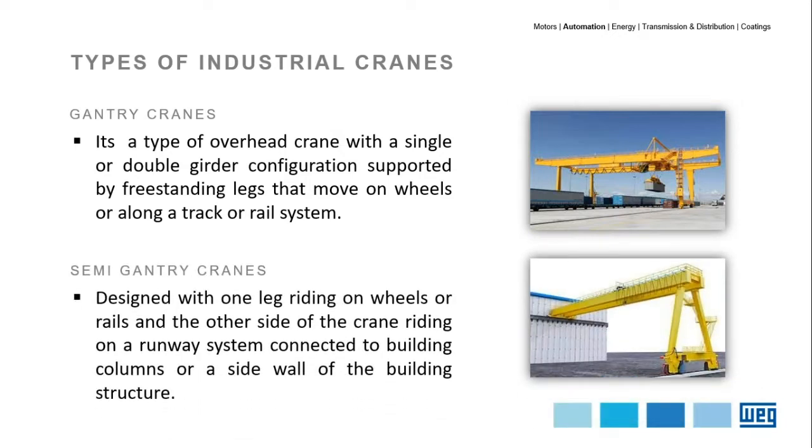Semi-gantry cranes are designed with one leg riding on wheels or rails and the other side of the crane riding on a runway system connected to building columns or a side wall of the building structure.